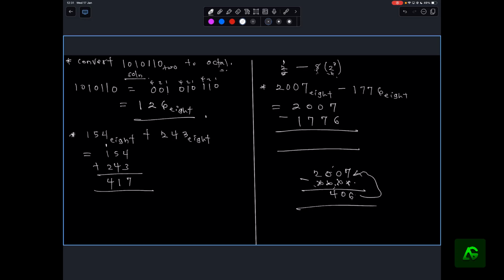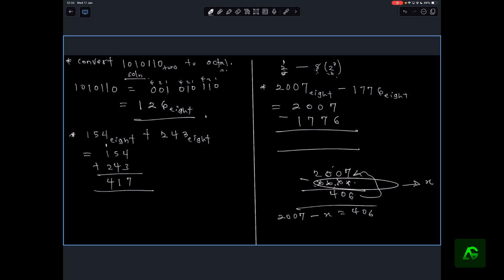It's just like changing it to a normal equation. Everything that is missing here, let's assume it is x. Let's now change it to an equation. It will be 2007 in base 8 minus x is equal to 406.